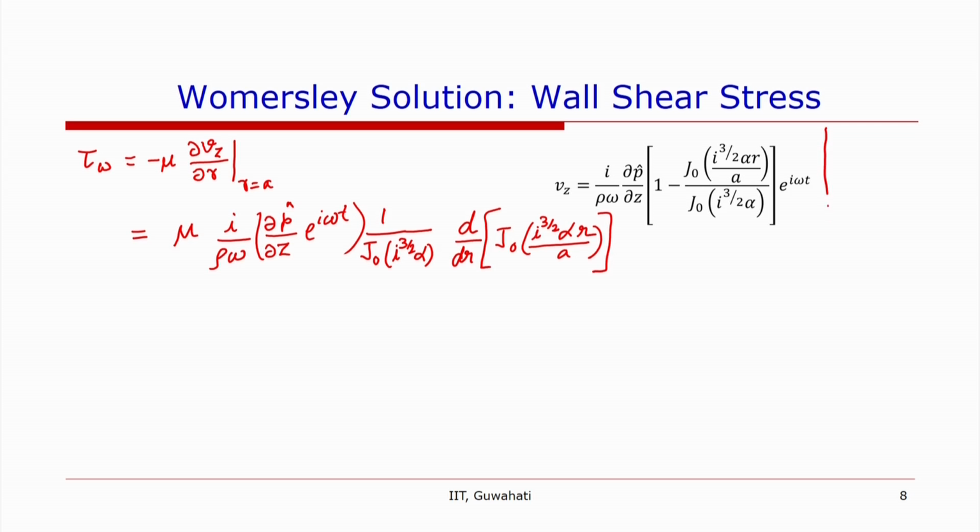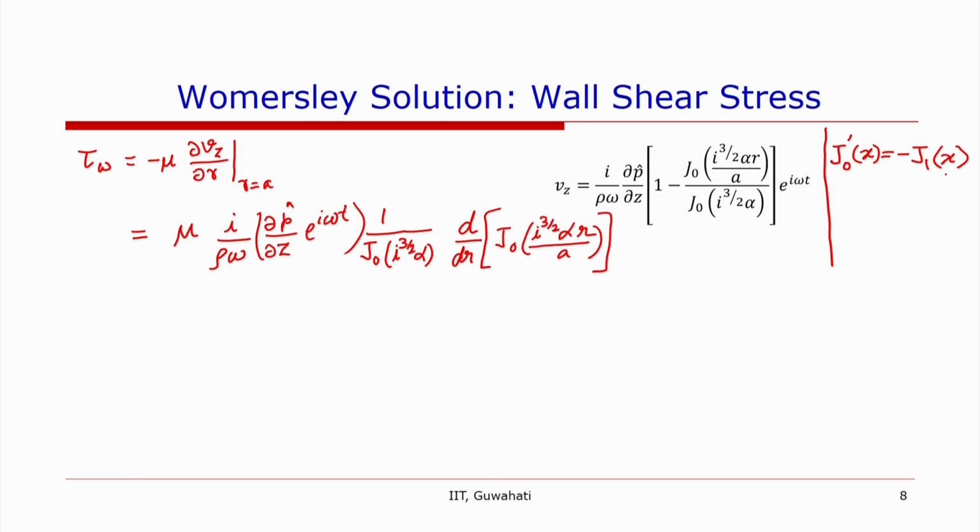And we had derived earlier that the derivative of J naught x is equal to minus J1 x. So the derivative of J naught is minus J1 x.